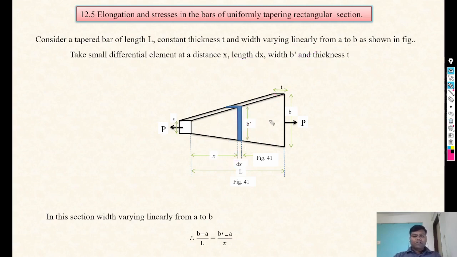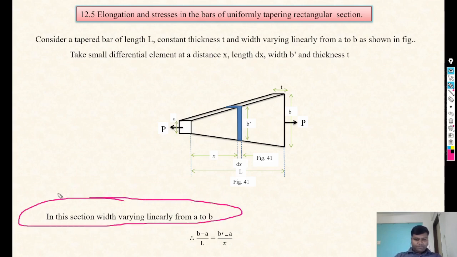So this is the general data that we require to calculate the actual change in length for the tapering rectangular section. Just apply the linear or interpolation formula to calculate the exact value of b dash in terms of a and b.